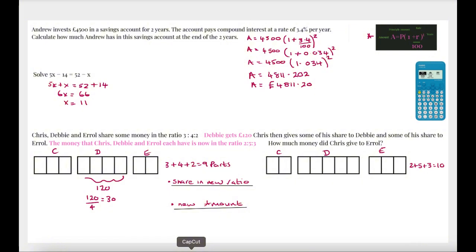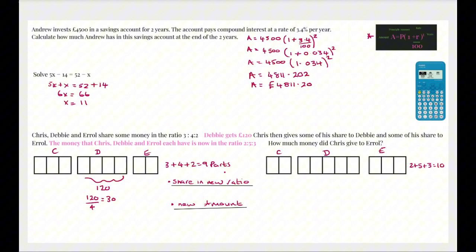So this question, I've done a bit of pre-planning because I know it's easier when it's a heavily worded question. Chris, Debbie and Errol share some money in the ratio 3 to 4 to 2. Debbie gets £120. So I've done my sections here. Chris, Debbie and Errol, 3, 4, 2.